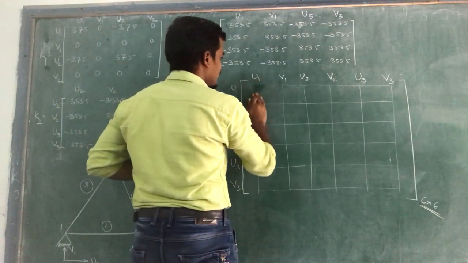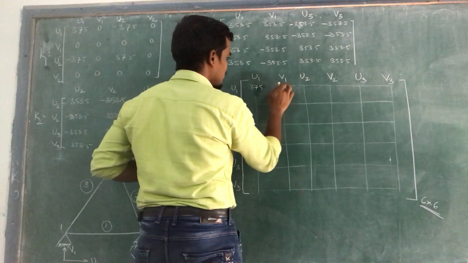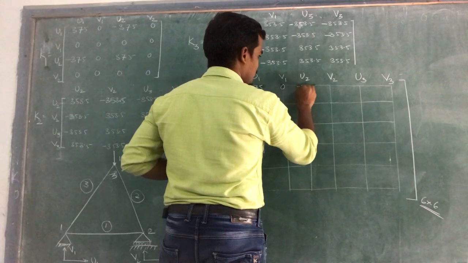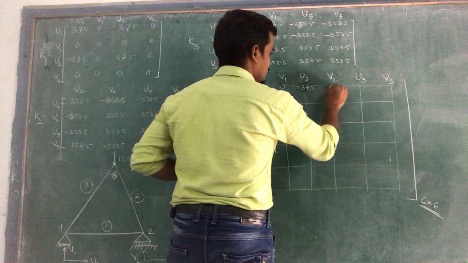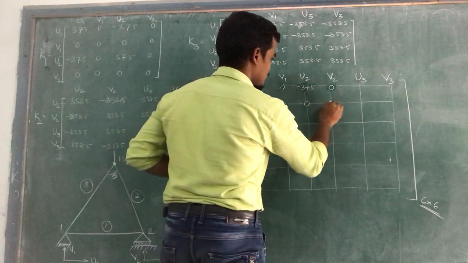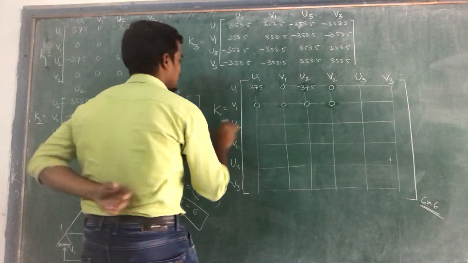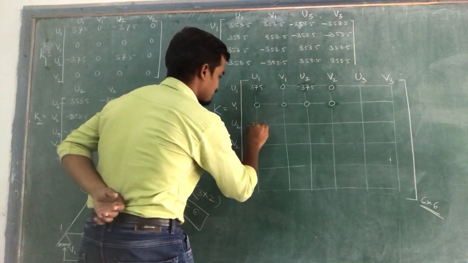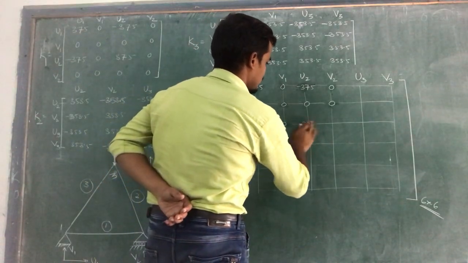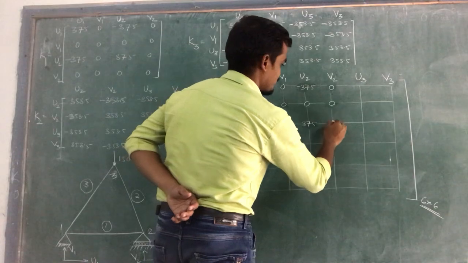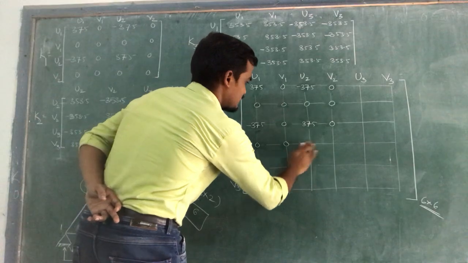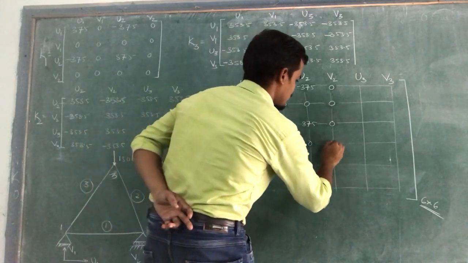375, 0, minus 375, 0; 0, 0, 0, 0; then minus 375, 0, 375, 0; and the last row is 0, 0, 0, 0.